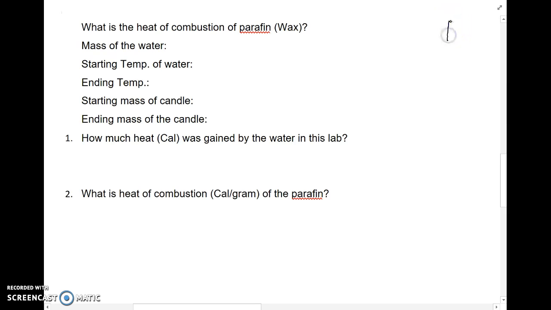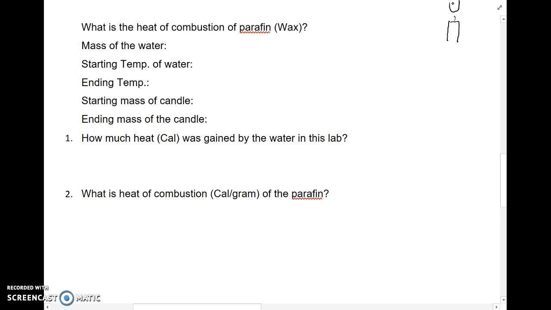So let's say I have this candle, and I'm going to light that candle, and I'm going to use a calorimeter, which again is a device used for measuring heat. The calorimeter is just going to be a test tube. In an ideal calorimeter, all of the heat from this burning candle would go into my water, causing that water to change in temperature.